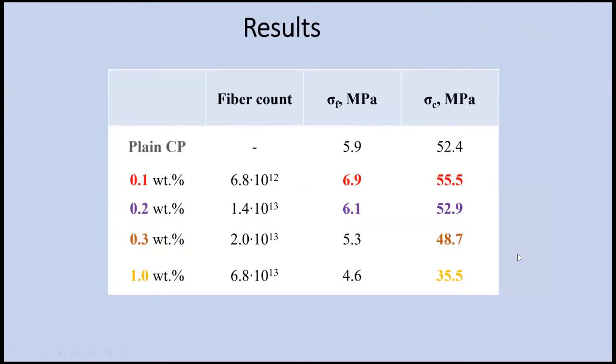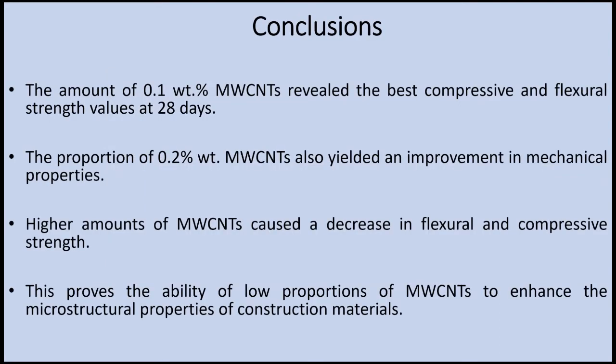The results are summarized in the following table. As we can see, the flexural and the compressive strength of the proportion of 0.1% of multiwall increased by 17% and 5.9% respectively. So to sum up, the amount of 0.1% of multiwall carbon nanotubes revealed the best compressive and flexural strength values at 28 days.